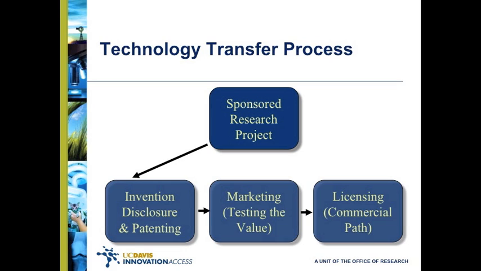Those inventions are disclosed to the Technology Transfer Office, and if the invention is viewed as having patentability and commercial potential, the Tech Transfer Office will file a patent. Once filed, the new invention, now protected through a patent application while the prosecution is pending, can be marketed to potentially interested companies, leading to the possibility of a commercial license.